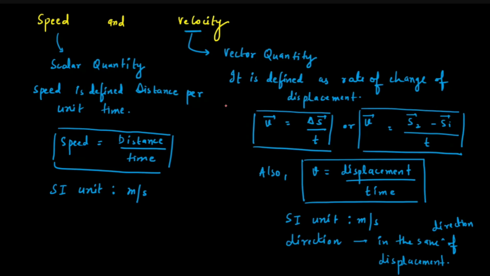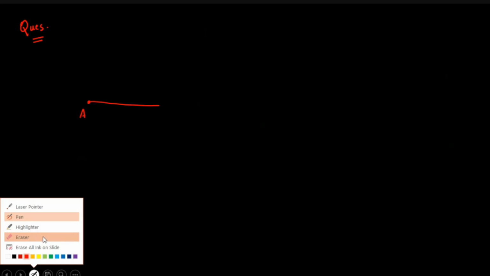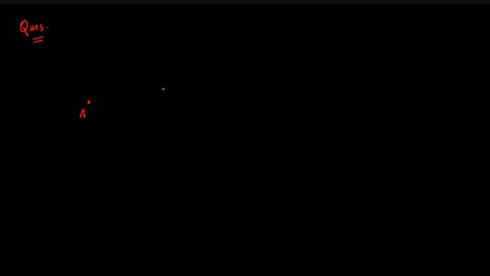Let us understand both of them through an example. Suppose the question says a particle moves from point A to point B along a horizontal line, covering 40 meters in 4 seconds.